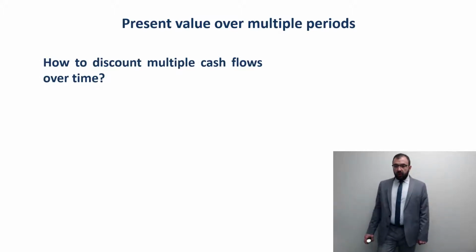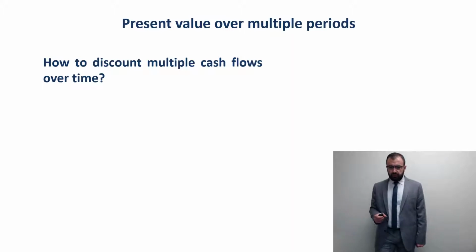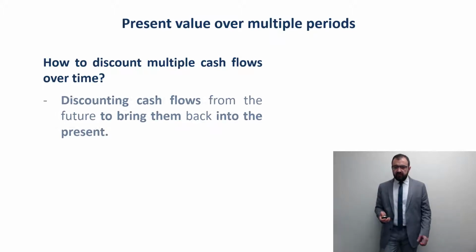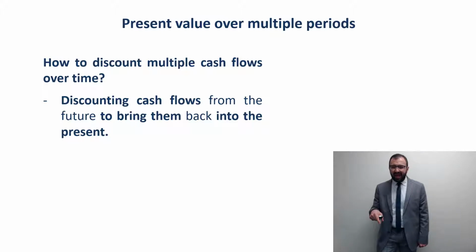Now that we know how to discount one cash flow 1 year from now, we can also think about how to discount multiple cash flows over multiple years. This is a more general question and problem associated with any investment of any kind, and the answer fundamentally is to discount cash flows over multiple years to bring them back into the present.